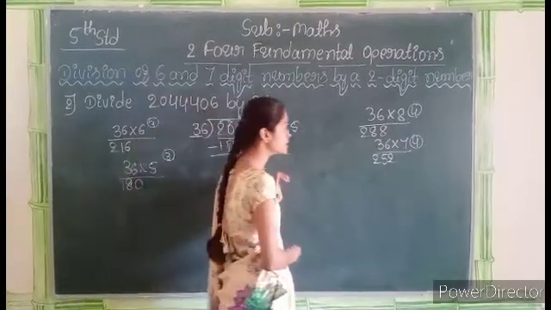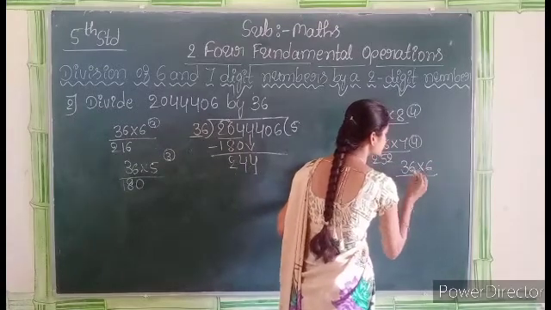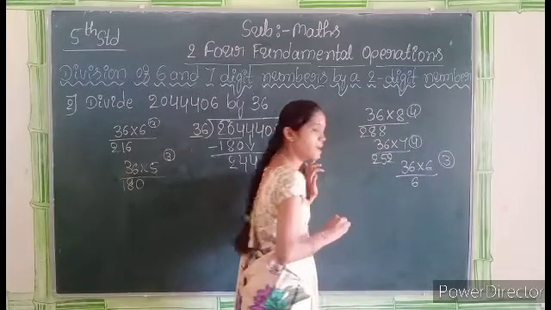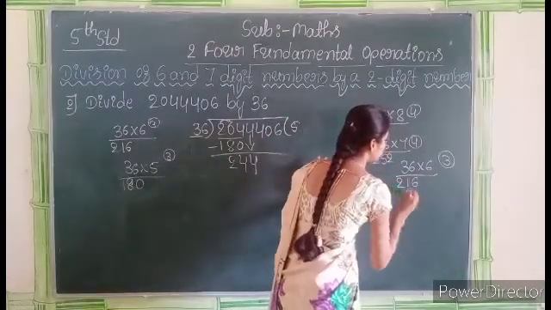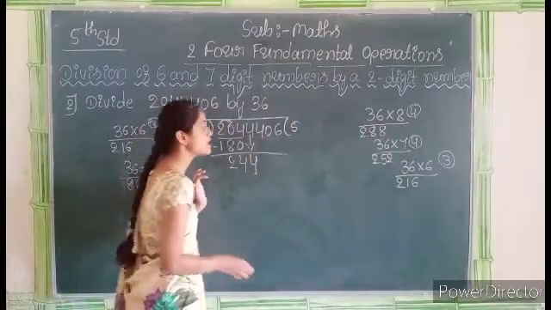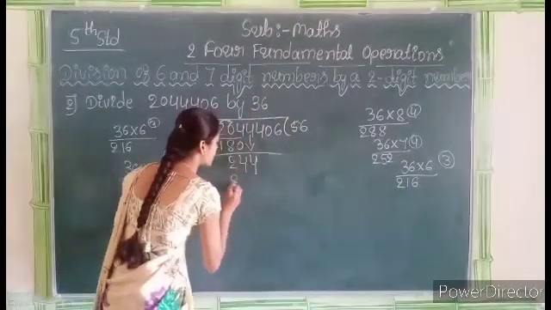So, let's check with 36 times 6. 6 6s are 36, then 3 carry, 6 3s are 18, 18 plus 3, 21. We get 216. We can consider 216, and here 6 is the quotient.